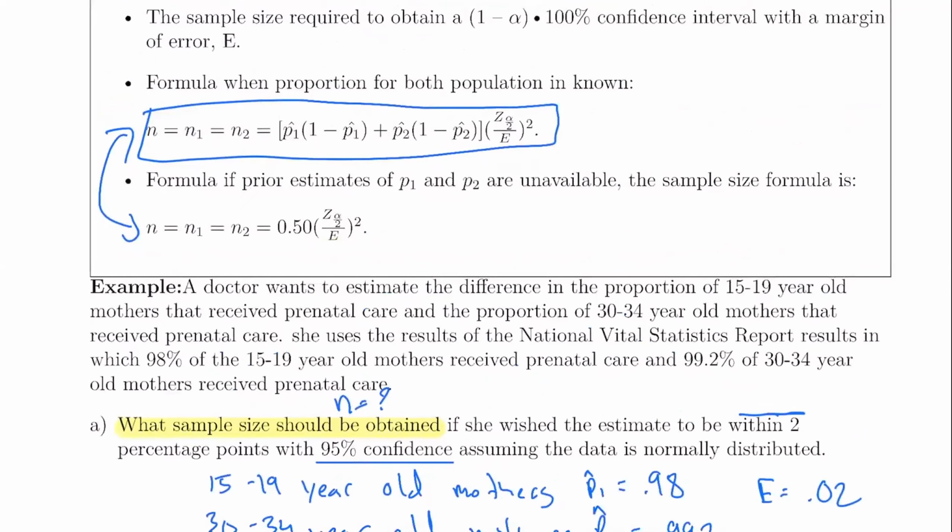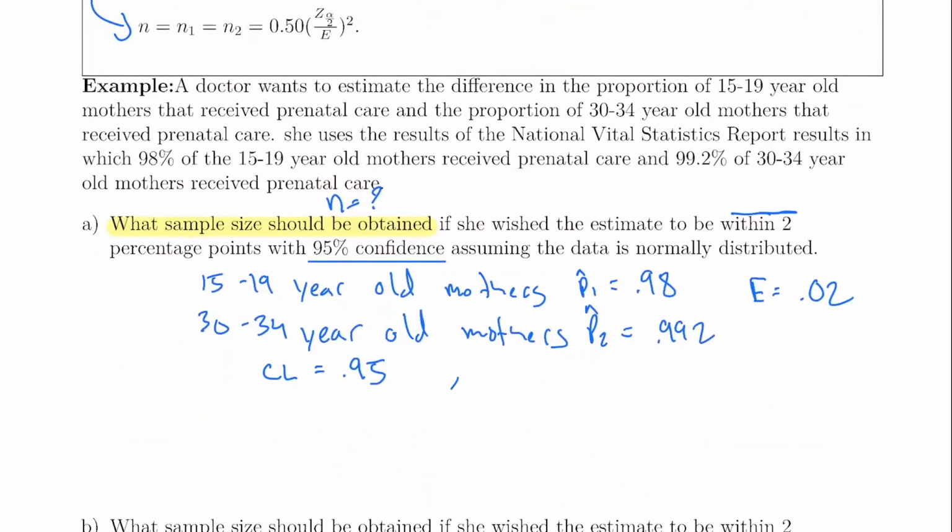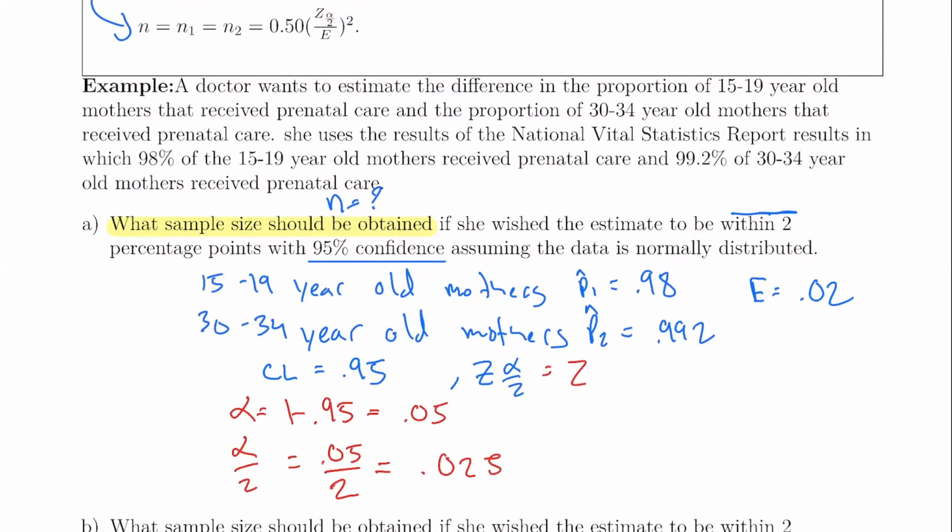But if you look at the formula, we want Z alpha divided by 2. To find alpha, alpha is equal to 1 minus 0.95, which is 0.05. Then alpha divided by 2 is 0.05 divided by 2, and you get 0.025. So we're going to find Z of 0.025.